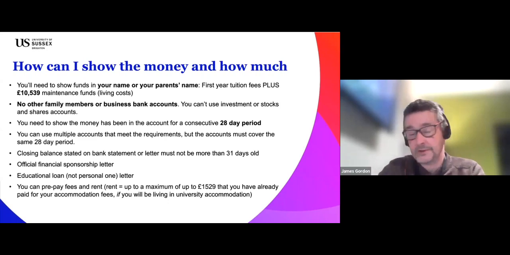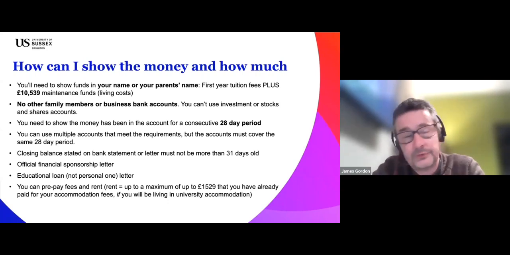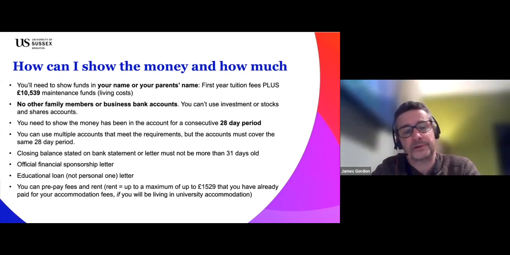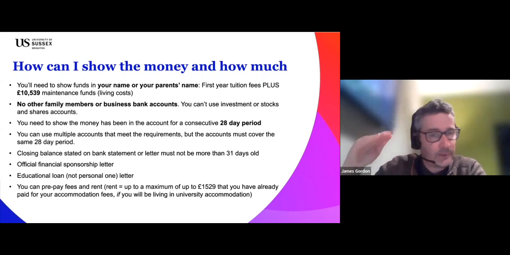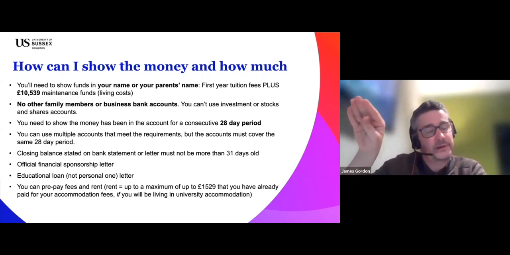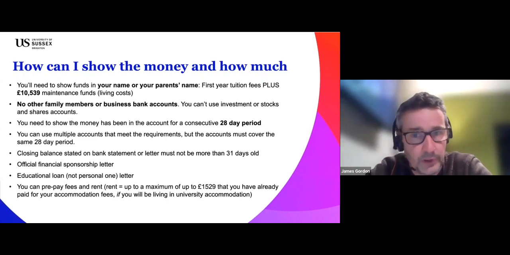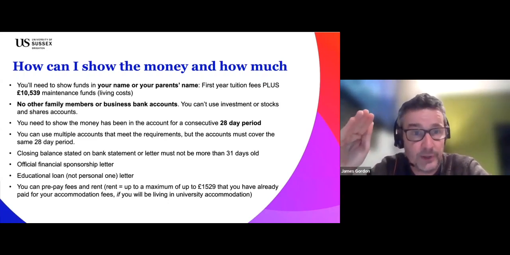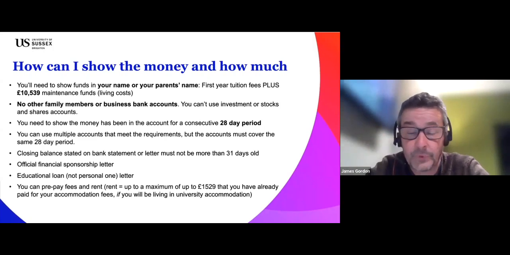You're going to need a bank statement. For example, if you were applying in July for your visa, it might be a bank statement that shows the month of June, and it will have a running balance on it, hopefully, which will show that the balance in the account has never fallen below your required amount for a full 28-day period at a minimum.